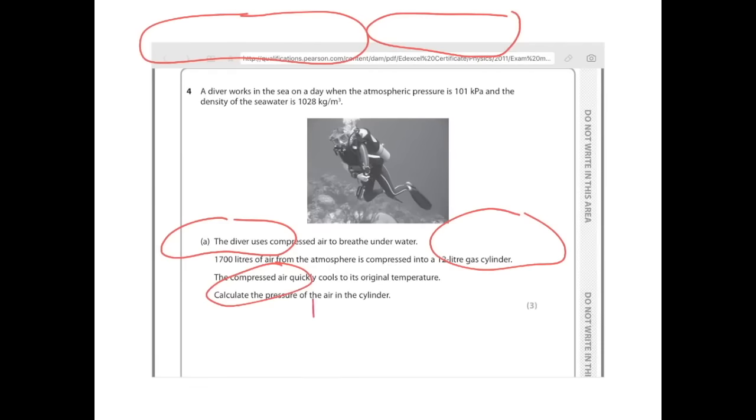Well, it's this one. Correct me if I'm wrong, but I think this is given on the front of your paper, but it's quite straightforward to remember anyway. Just make sure your units are all the same and then start subbing in these numbers. So pressure 1 is going to be 101 times volume 1, which is 1,700, equals, we're looking for P2, so we'll keep that there, times 12. And then the way to work this out is work out the left-hand side first of all.